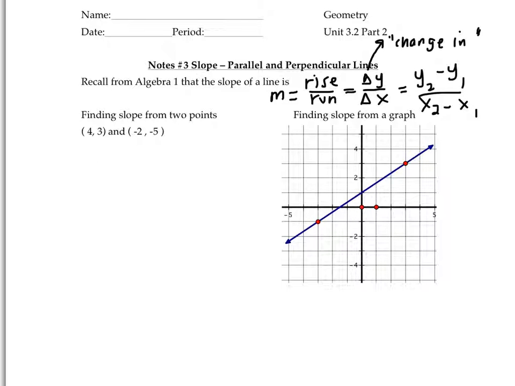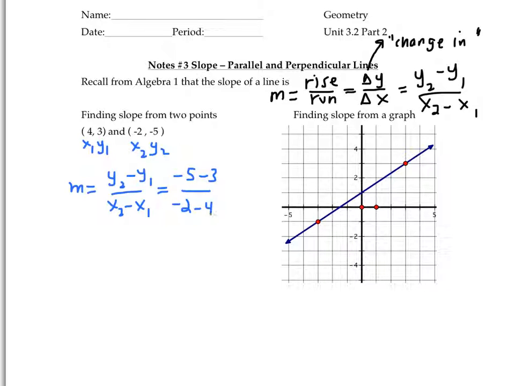So if we want to find slope between 2 points, if this is x1, y1 for our first point, this is x2, y2 for the second point, we can say that the slope, which is y2 minus y1 over x2 minus x1, would be negative 5 minus 3 divided by negative 2 minus 4.